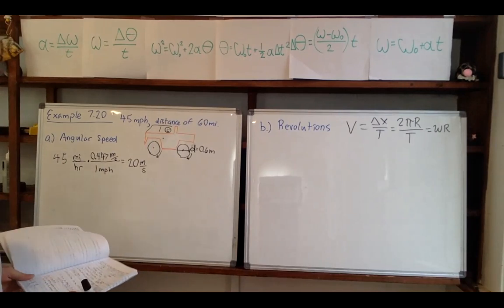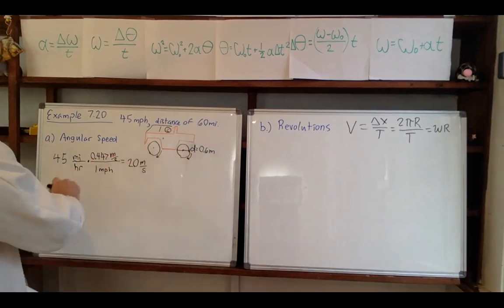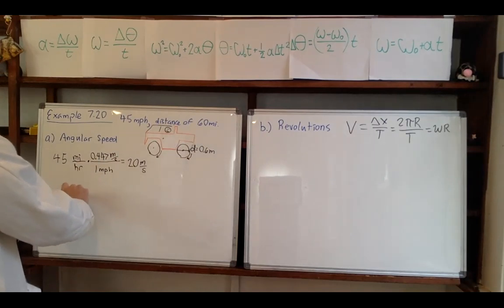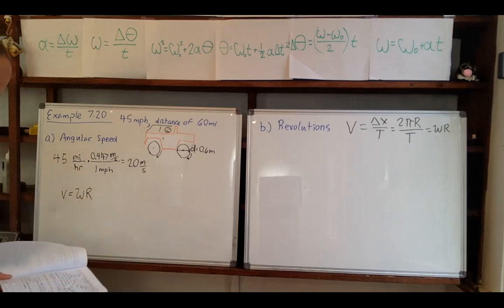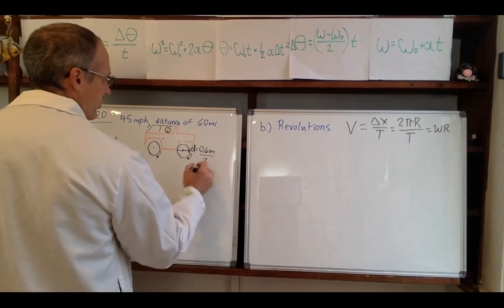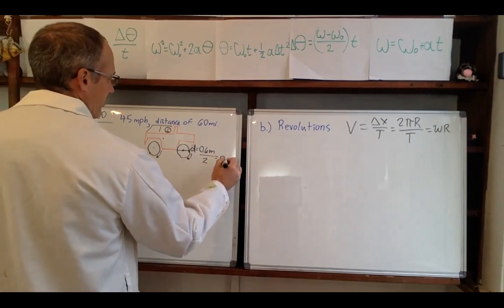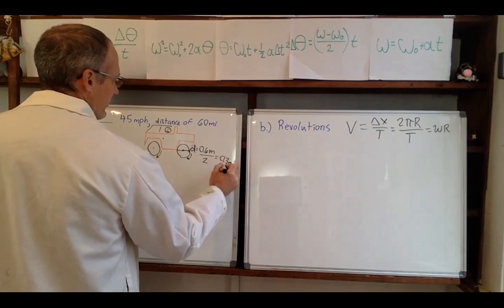And we know that looking at the equation we wrote down, your velocity is equal to rotational speed times r, okay? Now, for this problem, your radius is half of this. So 0.6 meters divided by 2 gives us 0.3 meters is your r.